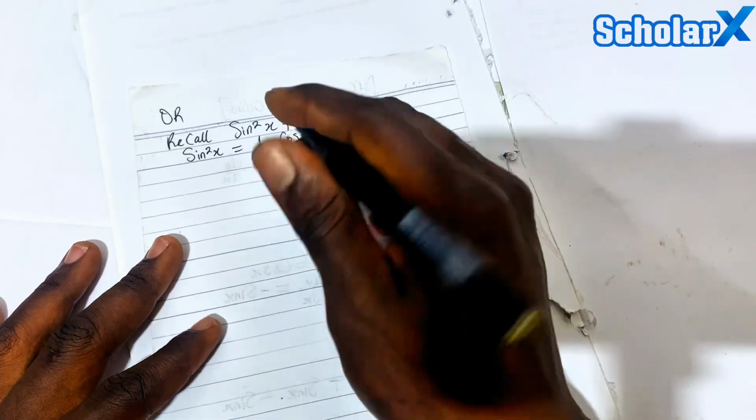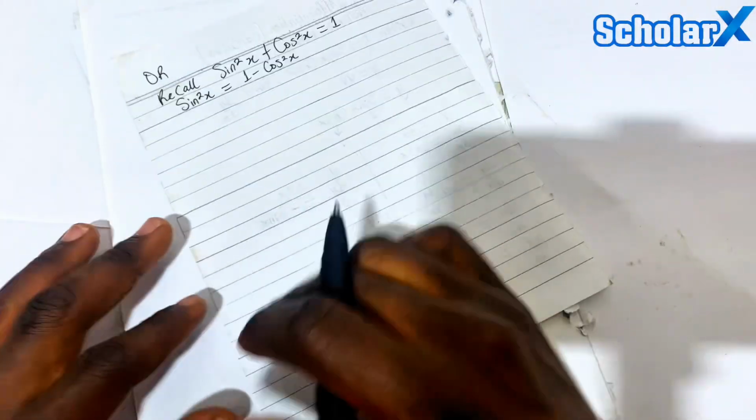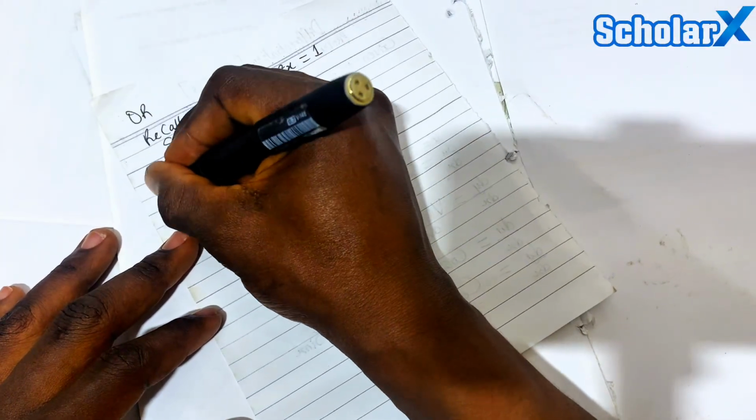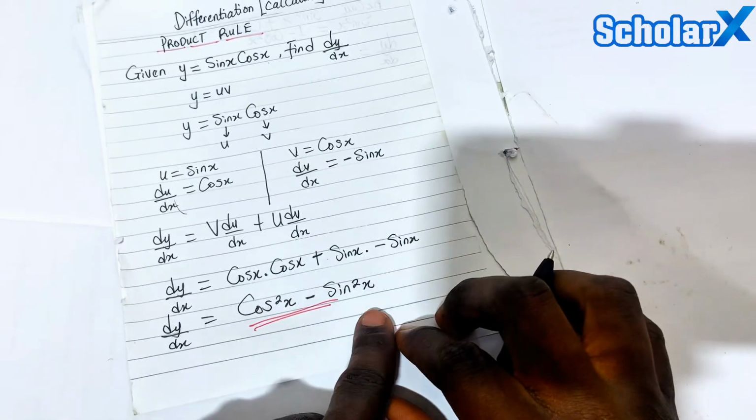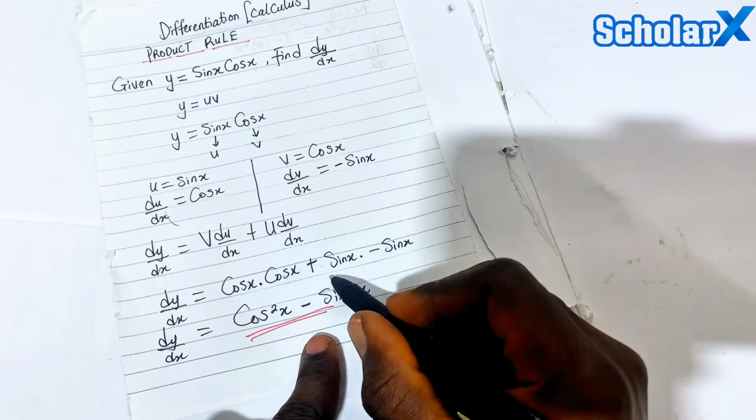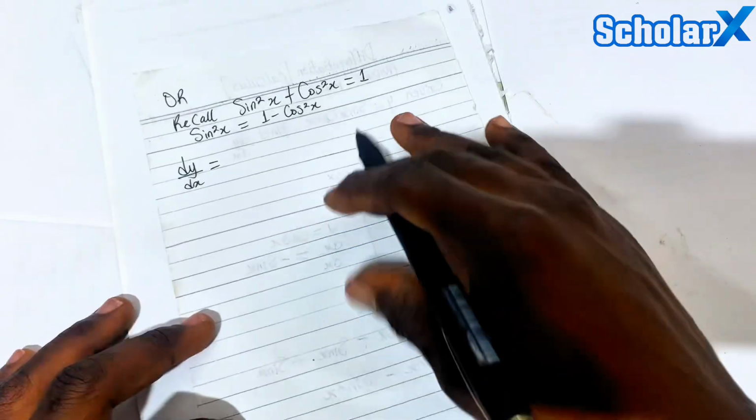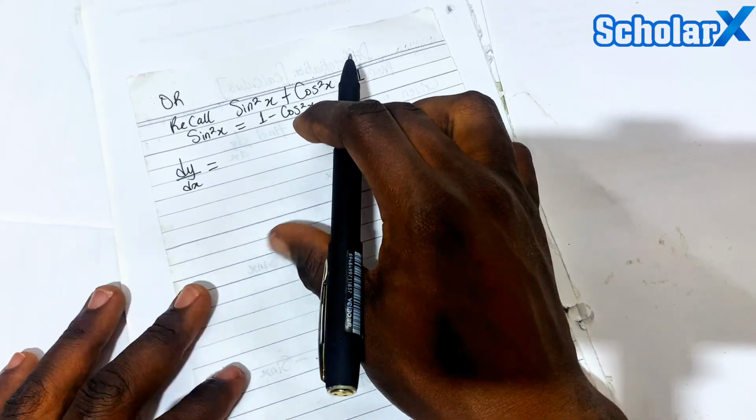That's from here. So we can now put this into this. We're now going to have dy/dx equal to cos squared x minus sin squared x. So I'm replacing the whole of sin squared x with 1 minus cos squared x.